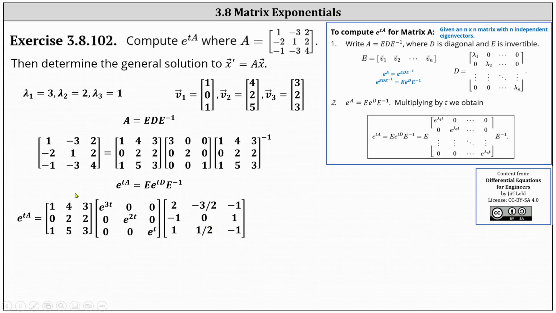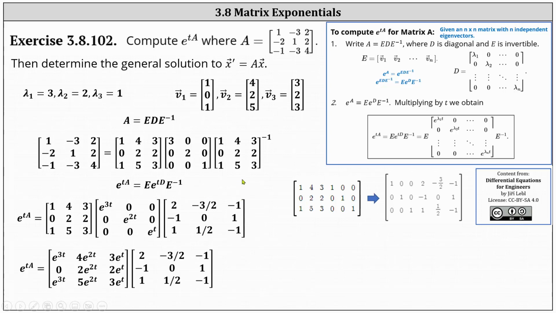To find E inverse by hand, we can use an augmented matrix where we have matrix E in the first 3 columns, and the 3 by 3 identity matrix in the second 3 columns, and then perform row operations so that we have the 3 by 3 identity matrix on the left and the 3 columns on the right give us E inverse. And now we simply multiply to determine the exponential e to the power of tA.